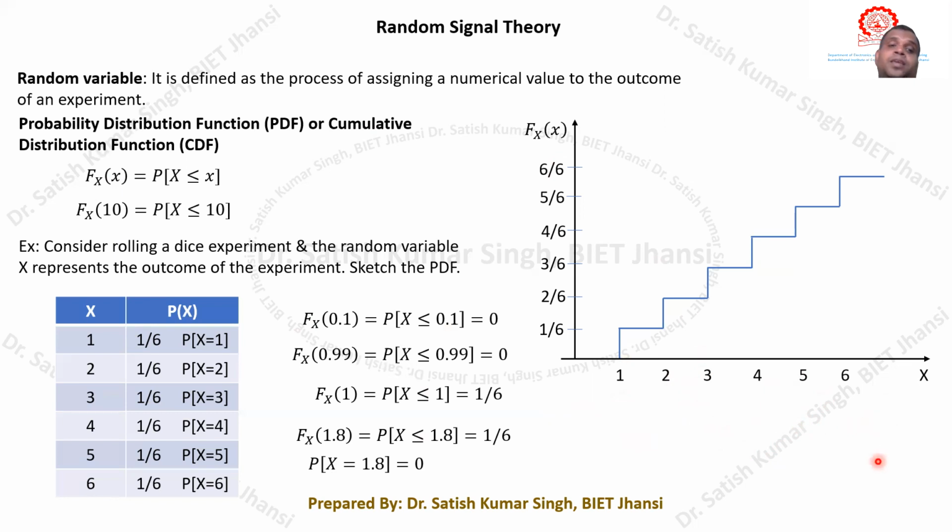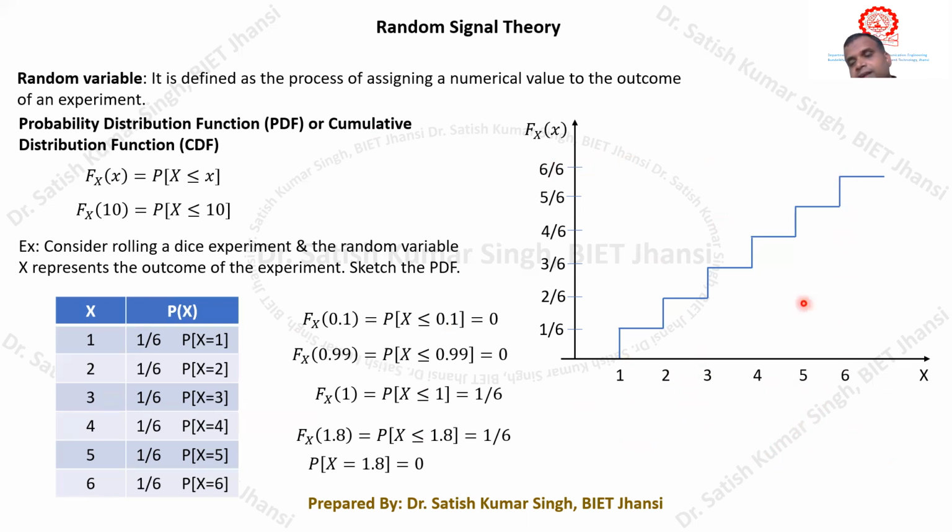So basically in all the experiments, all the numbers 1 to 6 are less than or equal to 6, and therefore any of them may come up, either 1, 2, 3, 4, 5 or 6. All these numbers are possible outcomes, and therefore the probability that we are going to get is equal to unity.